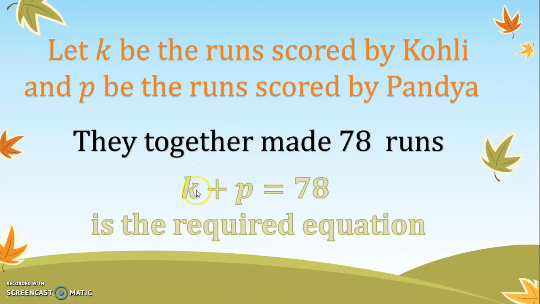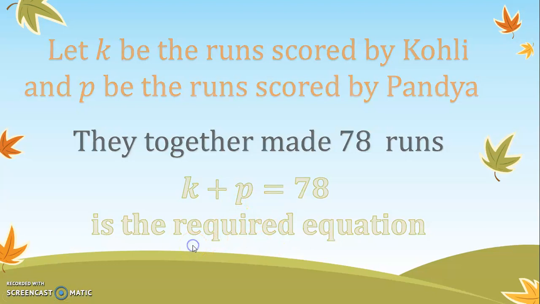So if k runs were made by Kohli and p runs by Pandya, when you add both of their runs together, we get 78. So k plus p equals 78 is the required linear equation for the above situation.